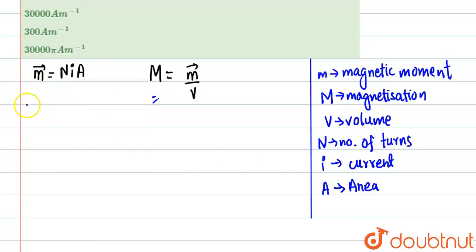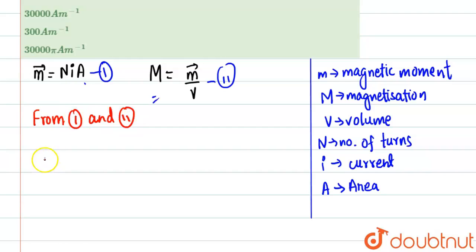So we'll get magnetic moment is equal to NIA. Now we will name it number 1 and name it number 2. From 1 and 2, we are going to put the magnetic moment's value in the second equation. So magnetization capital M must be equal to N into I into A divided by volume.